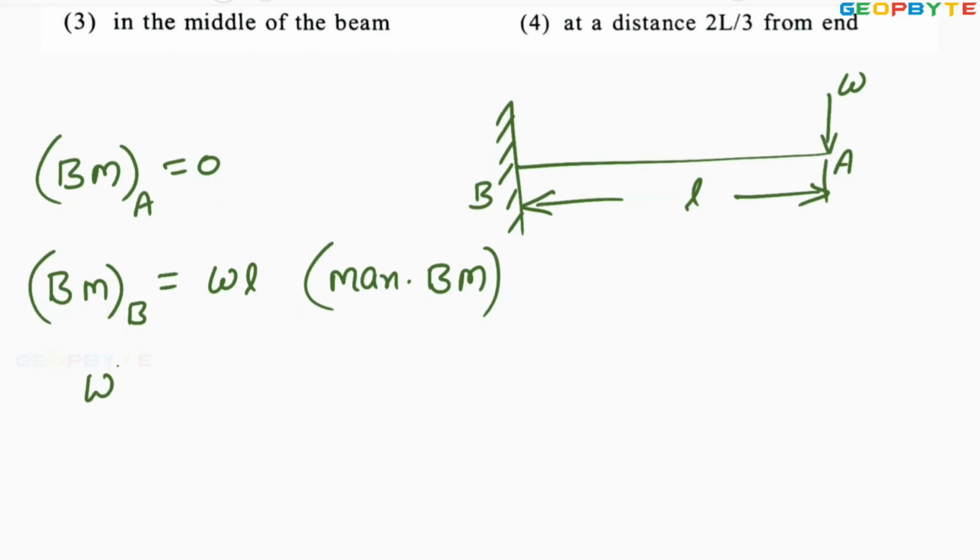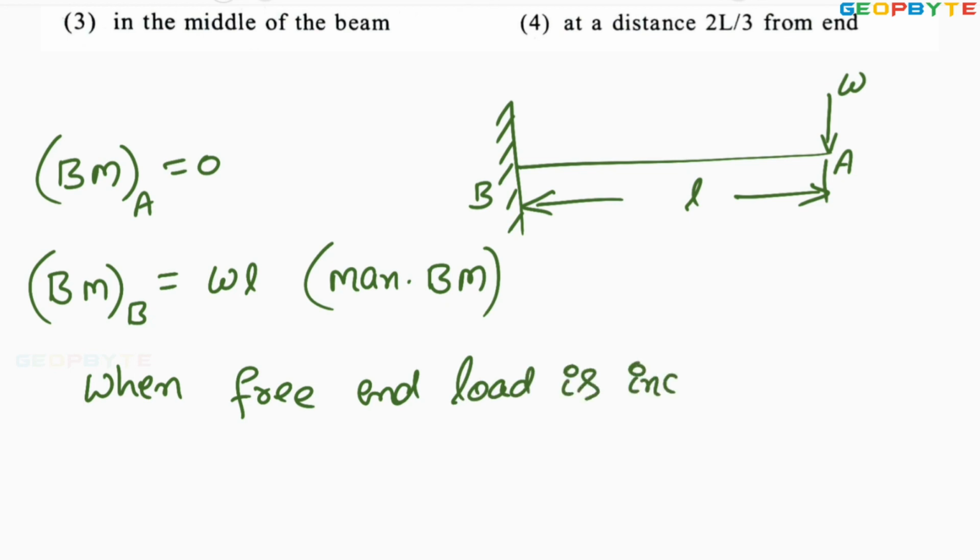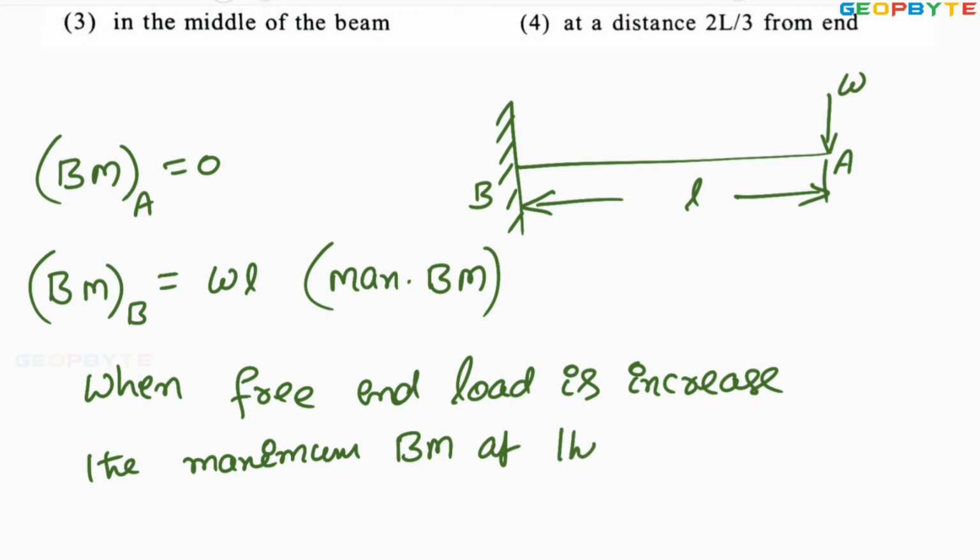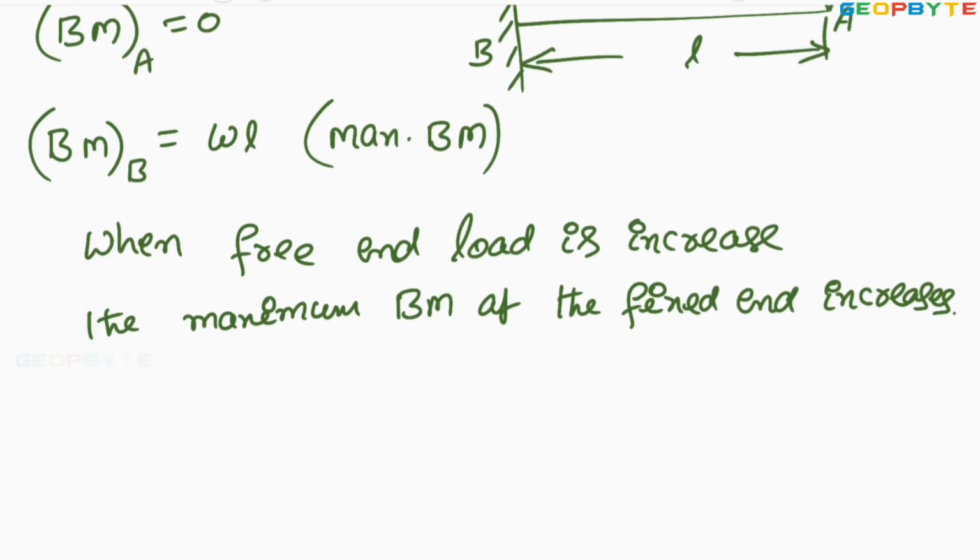When the free end load is increased, the maximum bending moment at the fixed end increases. Wherever the maximum bending moment is there, the chance of failure is more.